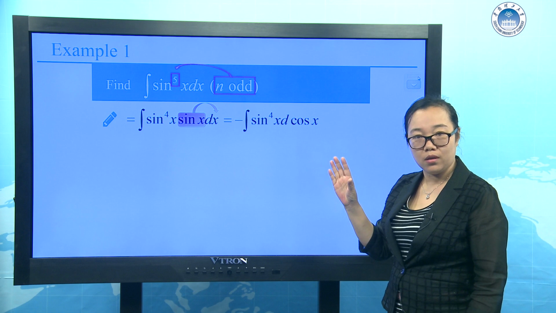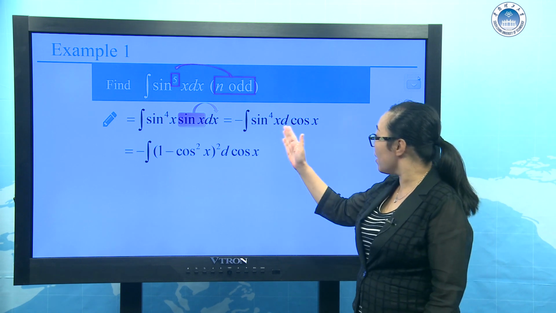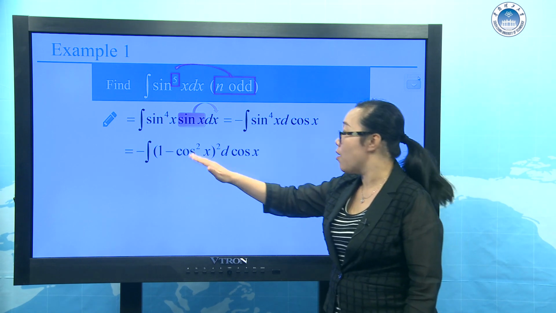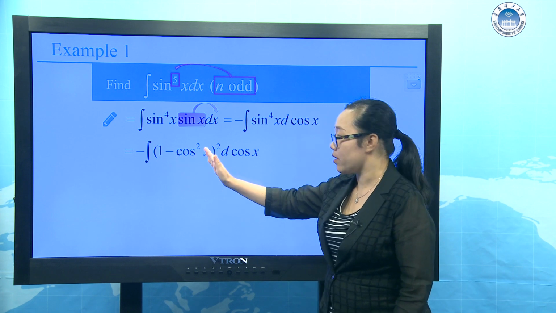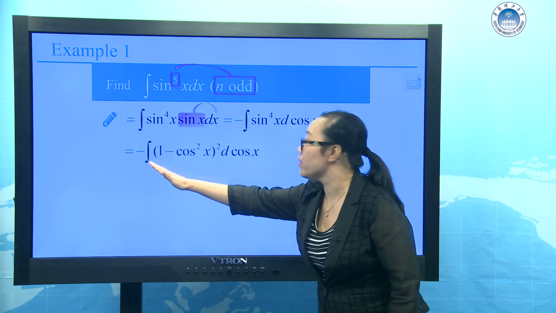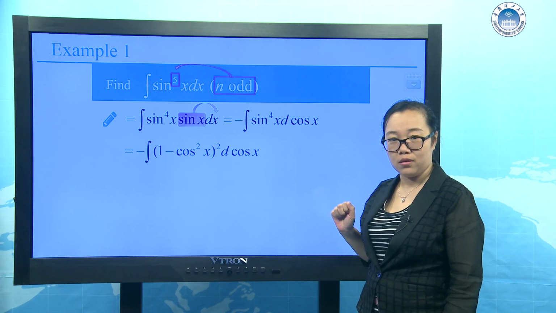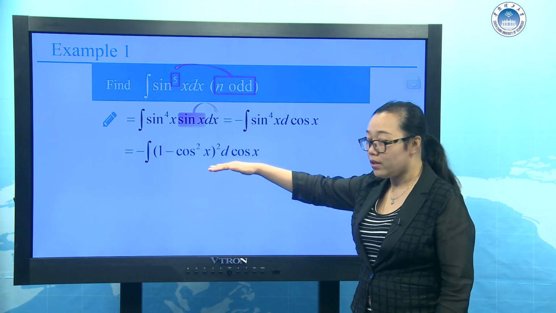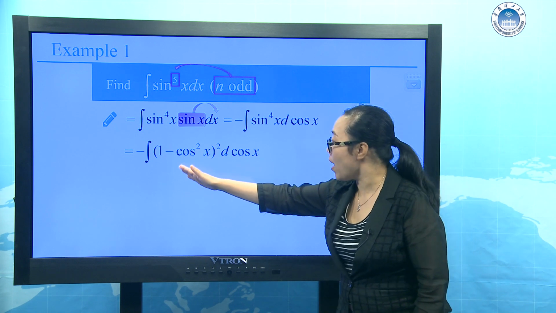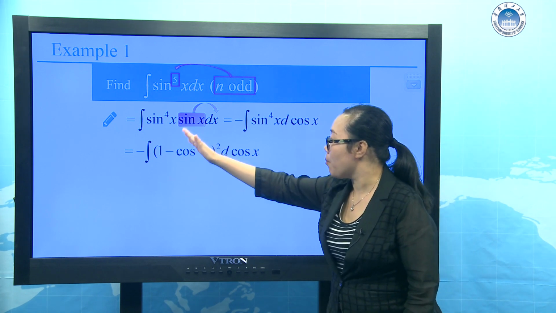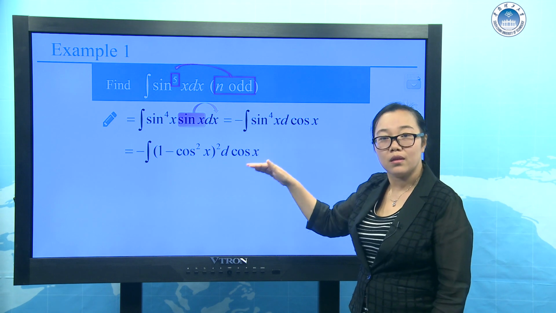We try to build up the relationship between sin x to the 4th power and cosine x. How to write it? Yes, we know this: sin x squared equals 1 minus cosine x squared. Copy minus bracket squared d cosine x. Now the integration function is 1 minus u squared, bracket squared, du.